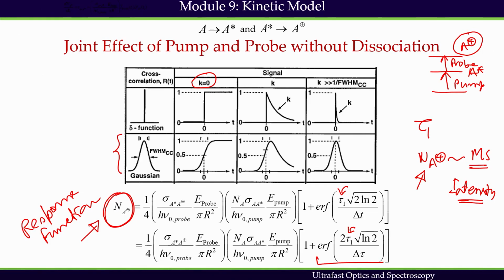When you plot the total ion signal as a function of tau 1, the total ion signal would look like this. So if there is no photodissociation at all, then the total ion signal would be just like the build up signal which we have expected for the excited state.